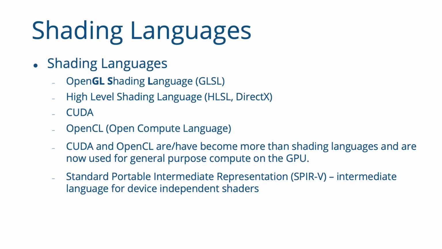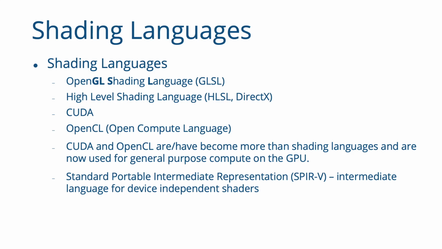So these are specific languages, but there is also something known as the Standard Portable Intermediate Representation. So this is an intermediate language so that you can write device independent shaders. So you can actually write your shaders and compile them to the SPIR-V intermediate format.